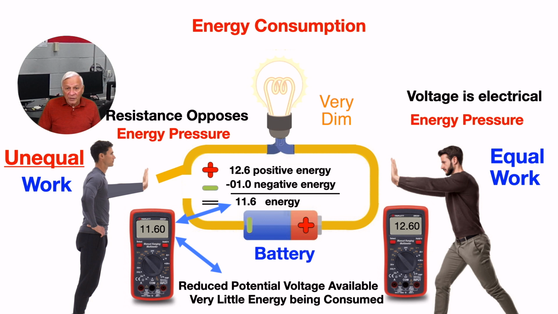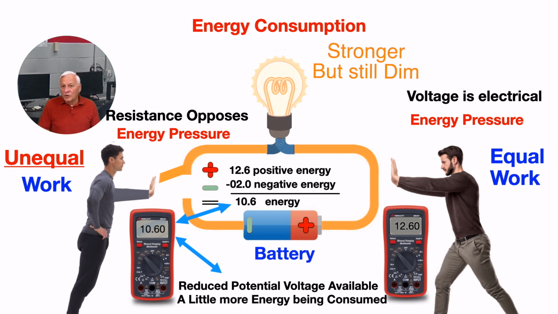There would be some left over, unconsumed energy, and it would register on the meter as 11.6 volts of unconsumed energy. Now remember, the voltmeter displays the potential difference. Since the full potential was 12.6 volts, but it met a weaker, unequal resistance, the potential difference is unequal as well, and it would register as a lesser voltage, perhaps 11.6.